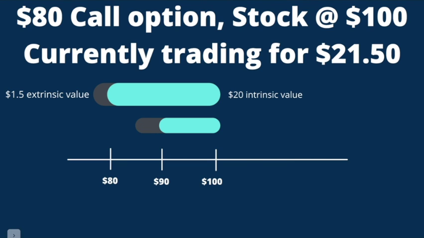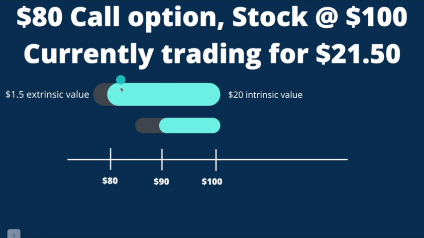Okay, and something else to keep in mind is if we have a call option that is an $80 strike and the stock is trading at $100, what is the intrinsic value of that? Well, it's the stock price minus the strike, so that's $20.